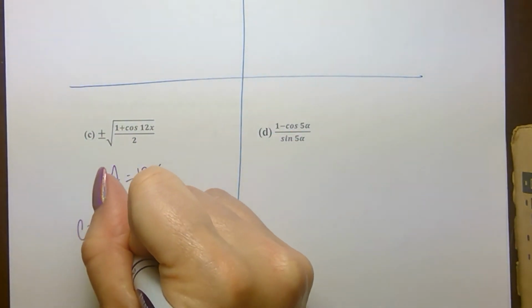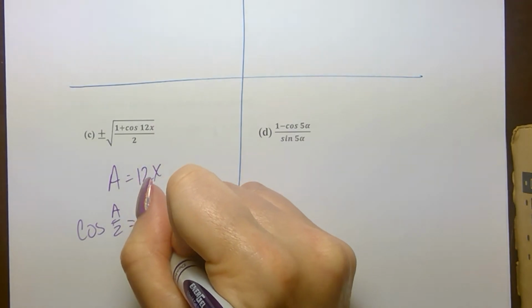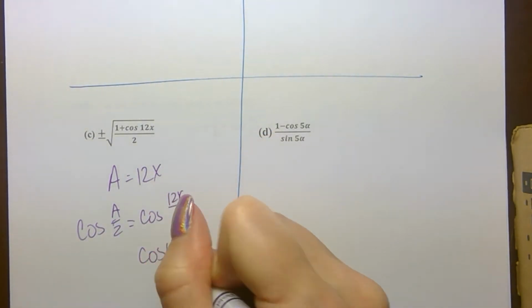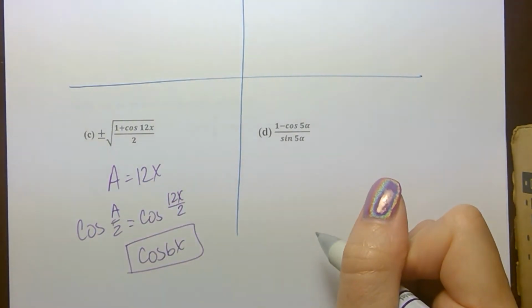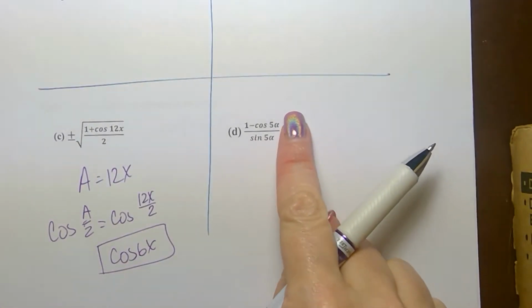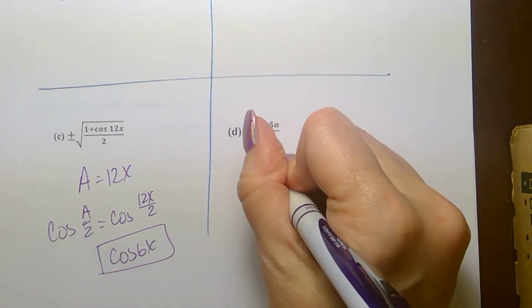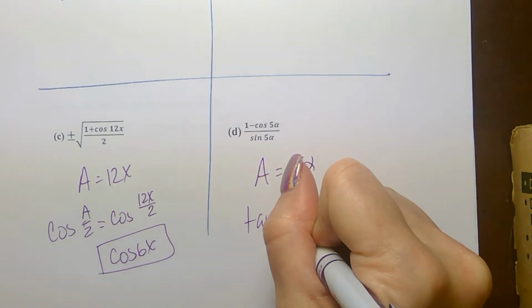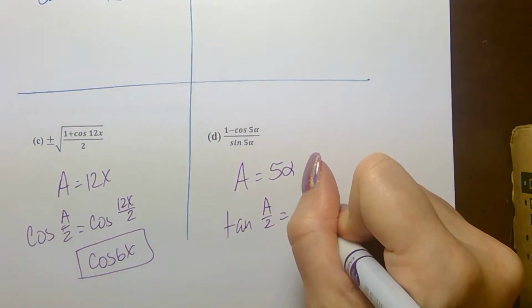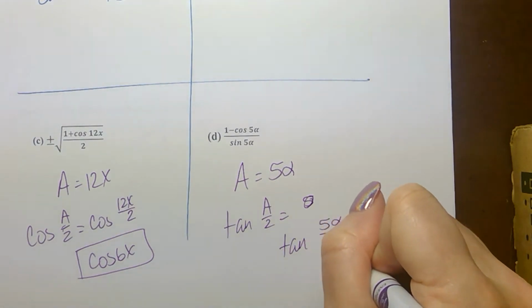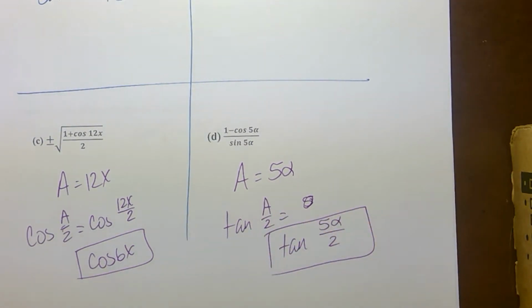So cosine of A half is cosine of half 12x or cosine of 6x. And D, that is another tangent half angle where A is 5 alpha. So for tangent of half A, where A is 5 alpha, that would be tangent of 5 alpha halves. Doesn't simplify, so we're done.